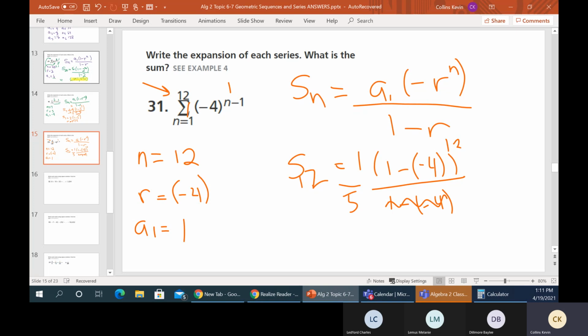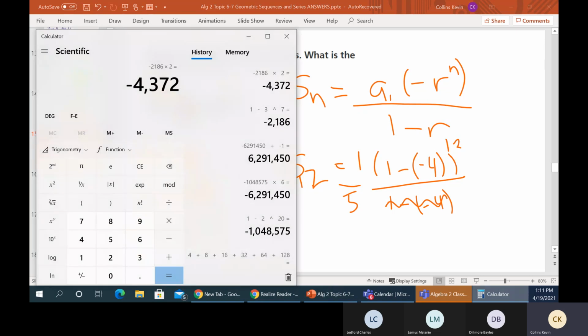All right, so calculator city. So this is going to be 1 minus, notice I did the parentheses. I'm going to do the parentheses, 4 negative, and then raised to the 12th power.